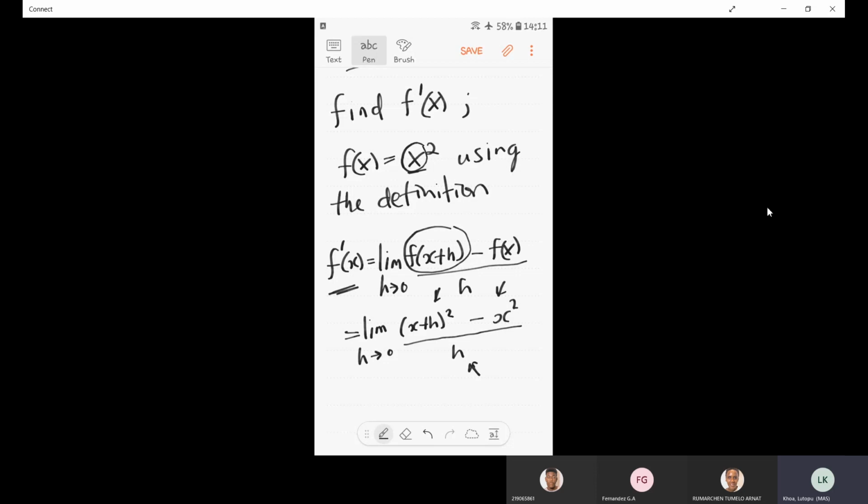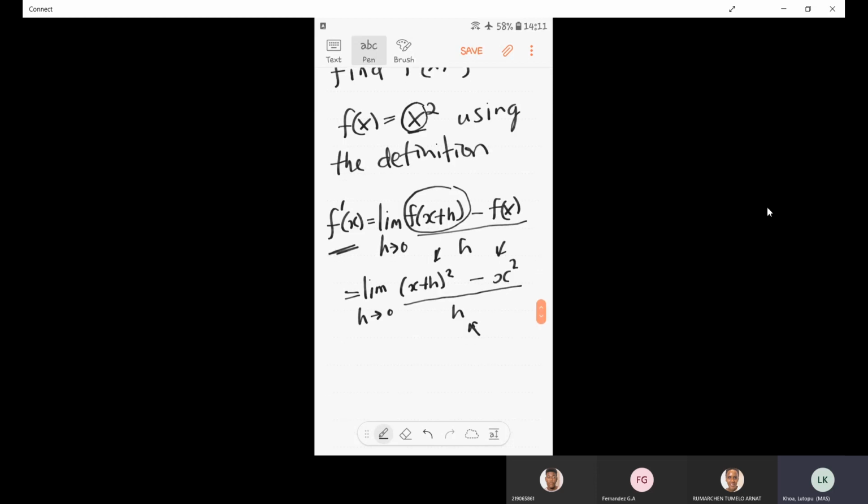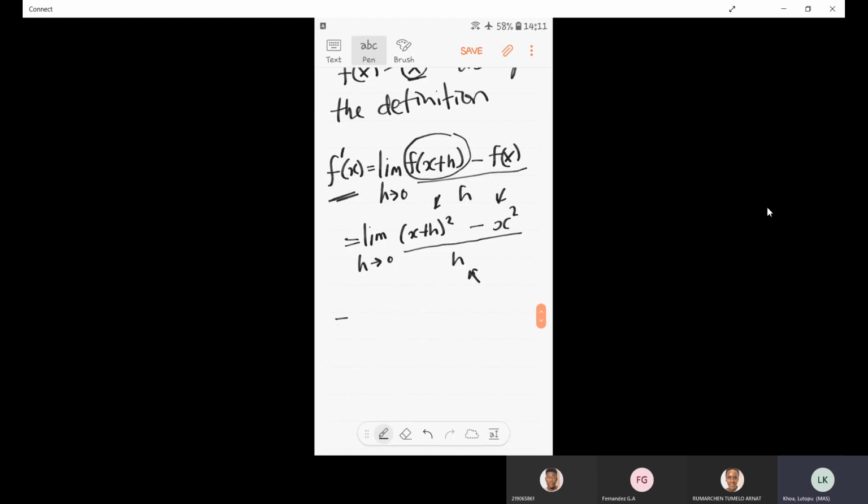To simplify it, you can multiply out the brackets. This is the limit as h goes to 0 of x squared plus 2xh plus h squared, minus x squared, divided by h.